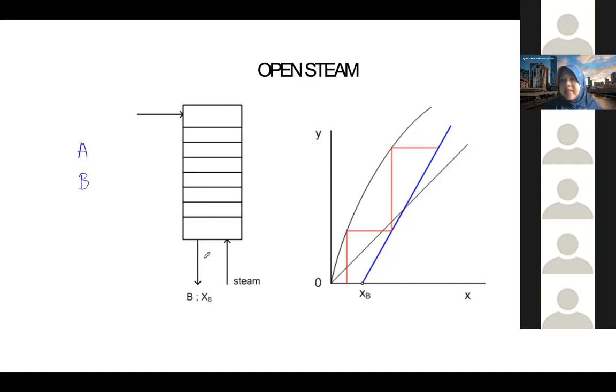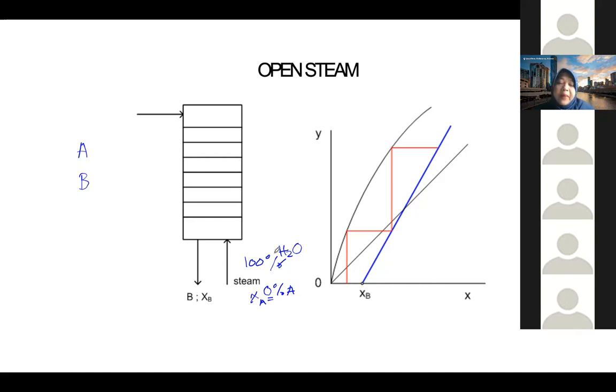If component B is water, sometimes we just add the steam, which is 100% water, which is 100% B, or 0% A. If you see the XA is 0%.